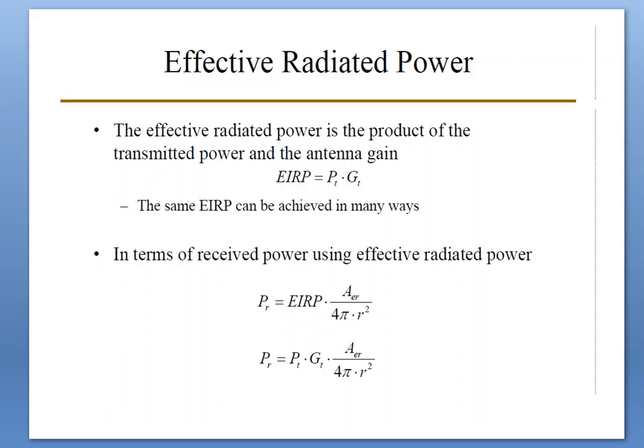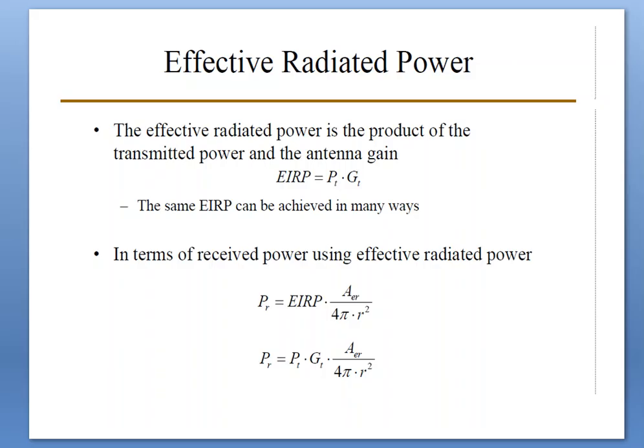The relationship between antenna gain and effective area is G equal to 4 pi AE by lambda squared. Based upon all this, we can derive a new power receiving formula.